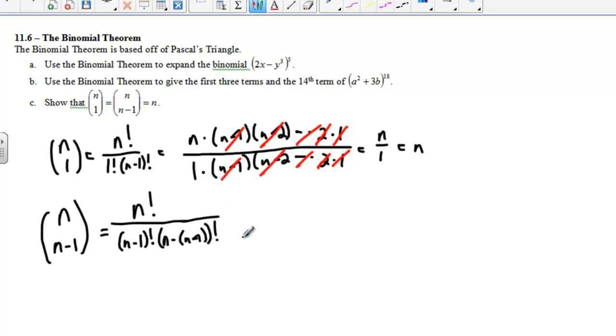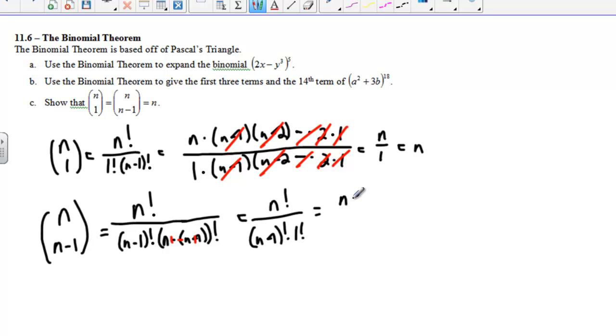And so what happens with this is when I simplify, I get n factorial on the top. On the bottom, I get this n minus 1 factorial. And then when I distribute this negative, it makes that a negative n and a positive 1. The n's actually cancel, and I'm left with 1 factorial, which is kind of what we had up here.